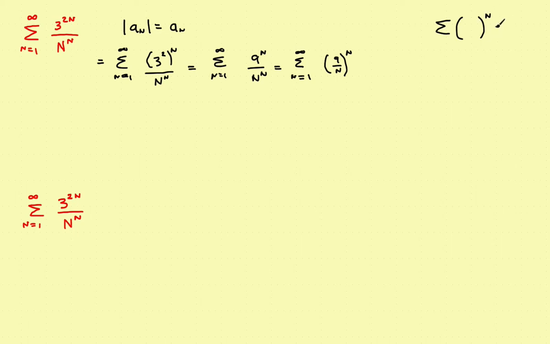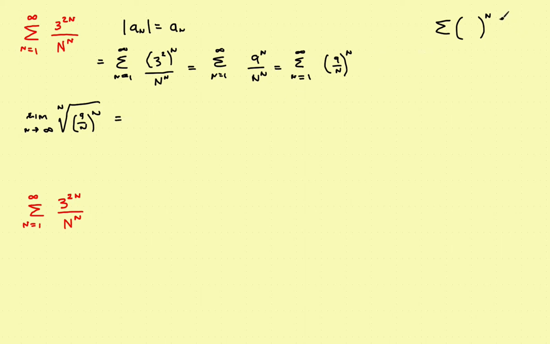Once you've got it in this form, it's a great candidate for the root test. So now let's apply the root test. It would be the limit as n approaches infinity of the nth root of 9 over n raised to the nth power.